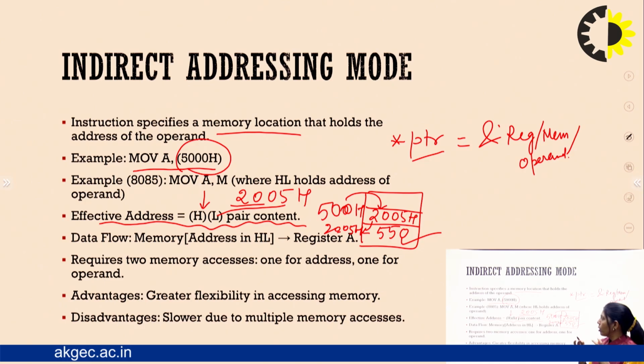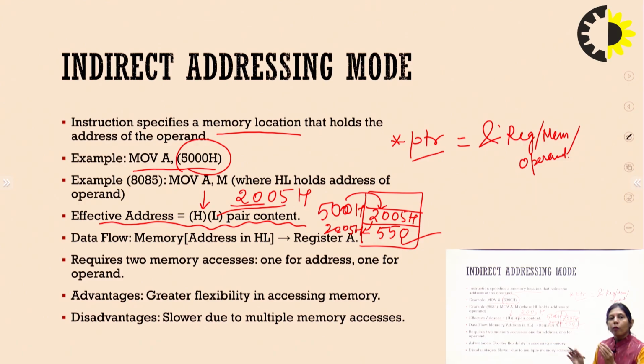So it made a pair of HL, the high and low order bytes, which gave us the value of the address containing the operand. So the data flow is somewhat like this: the memory has the address in HL, which has the value, and that is given to the accumulator.